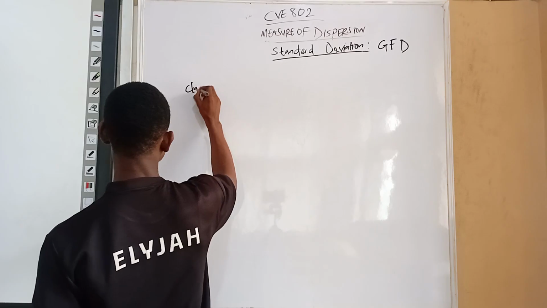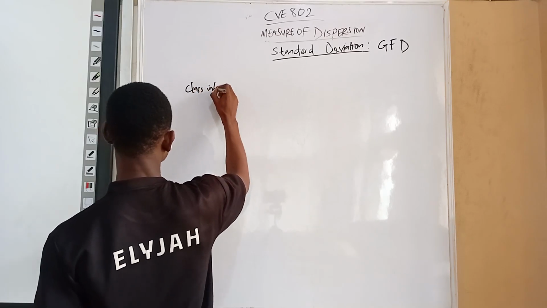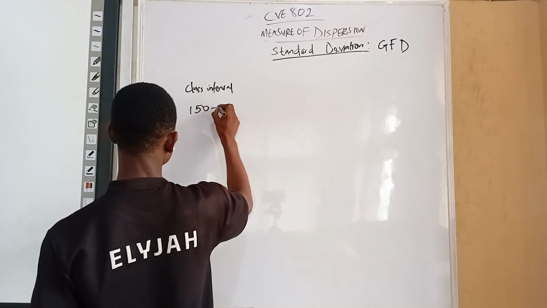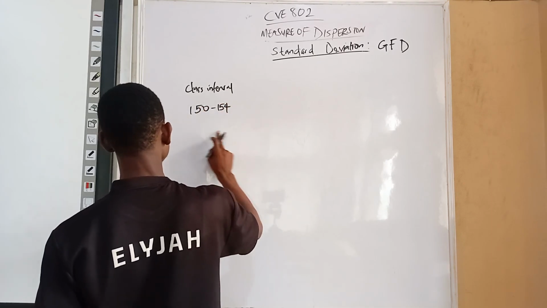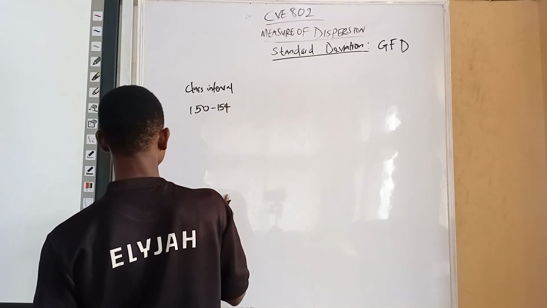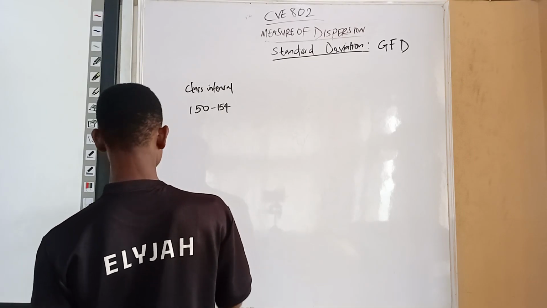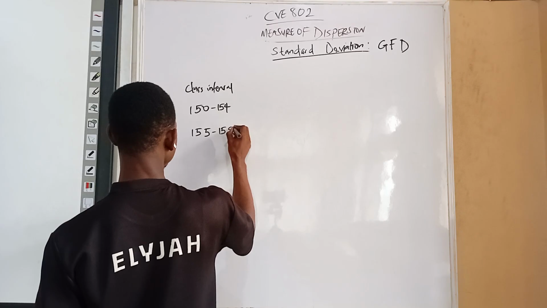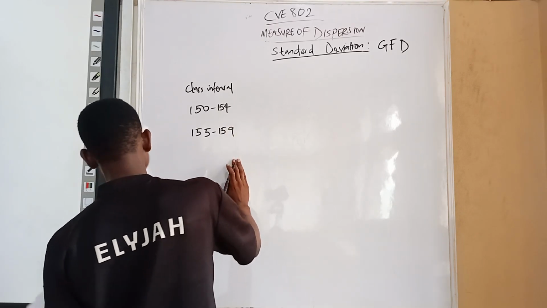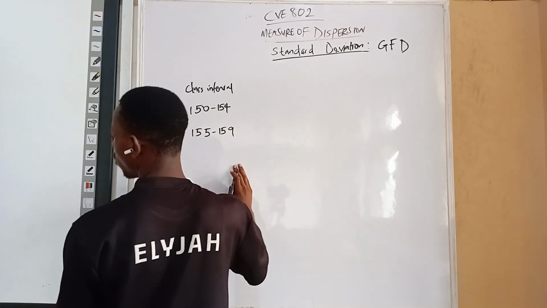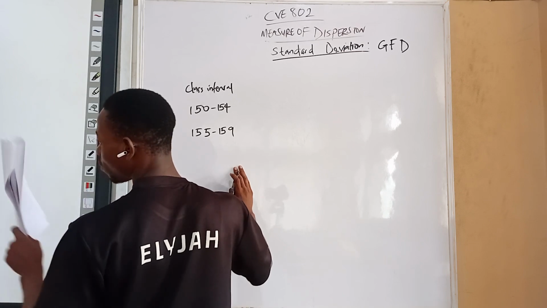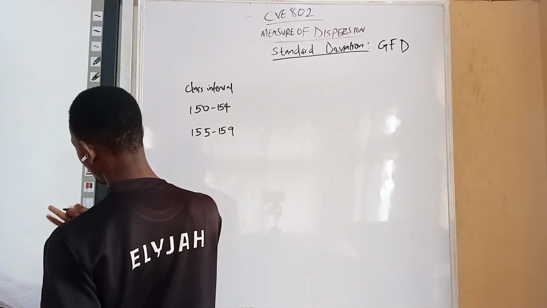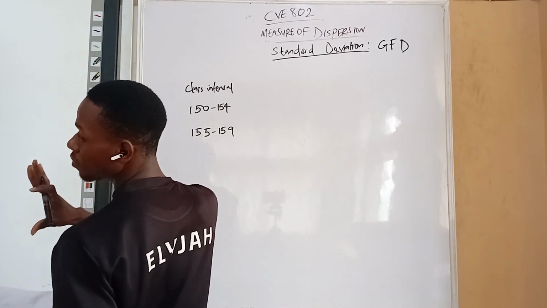The class intervals. The first one is 150 to 154. If you have 150 to 154, what's the range of the class? The range of the class is just 4. But the number of values inside each class is 5, because we have 150, 151, 152, 153, and 154, making 5.